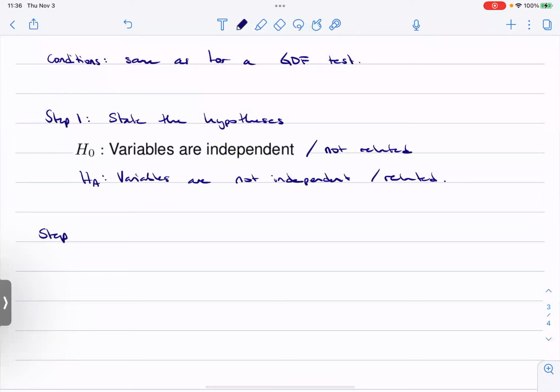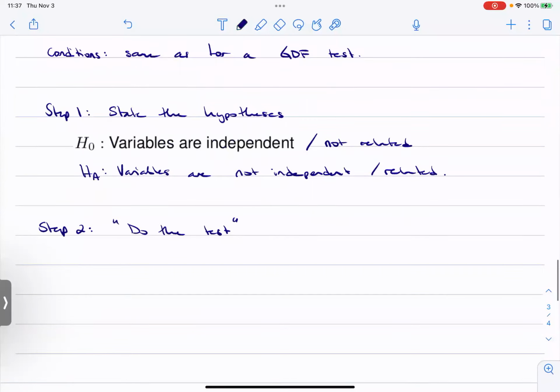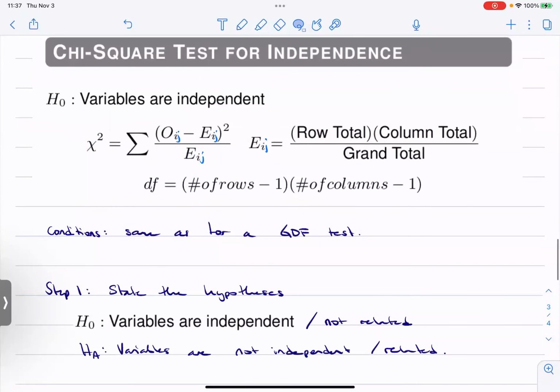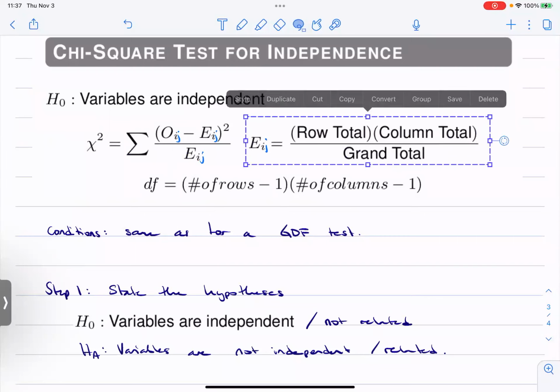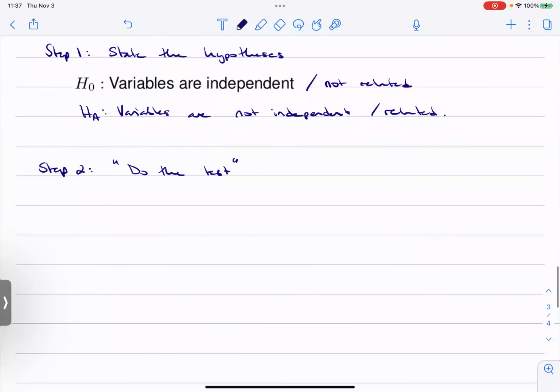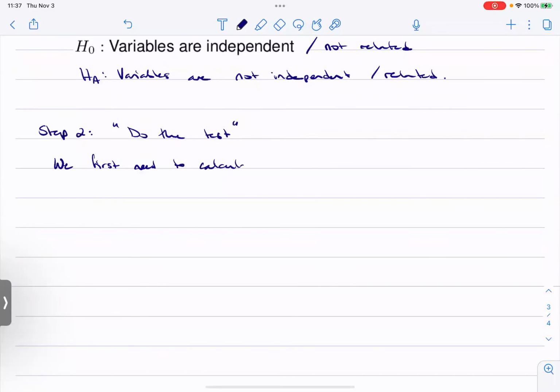Step 2 is do the test, which means that at some point we would need to have the expected counts. And so the expected counts are these guys. We first need to calculate the expected counts for each cell.